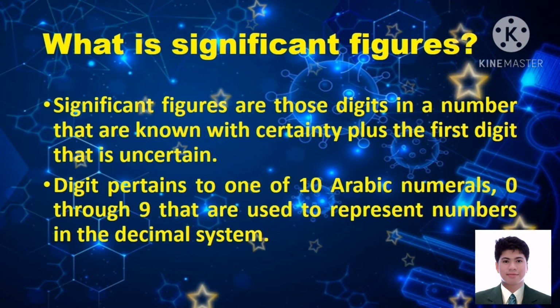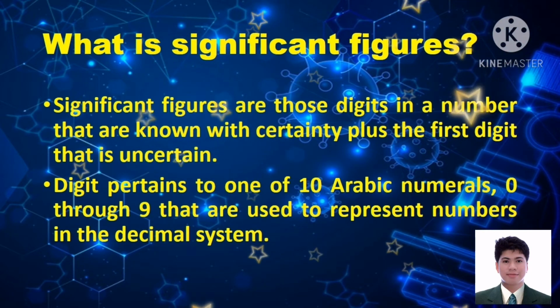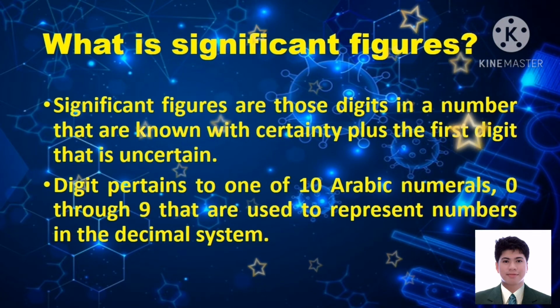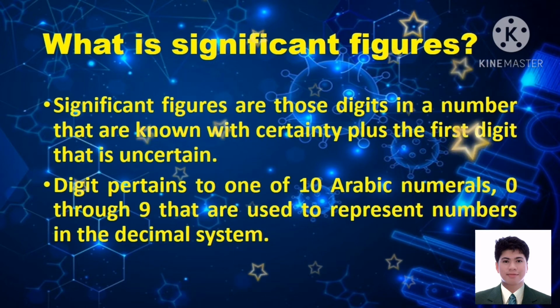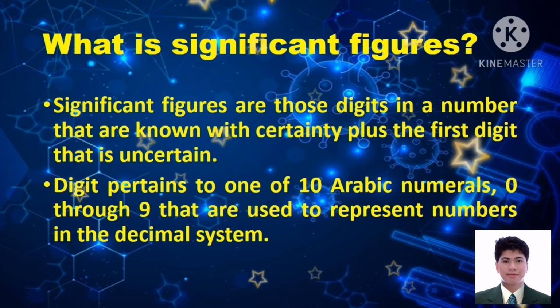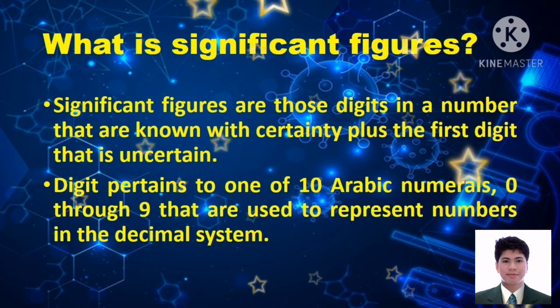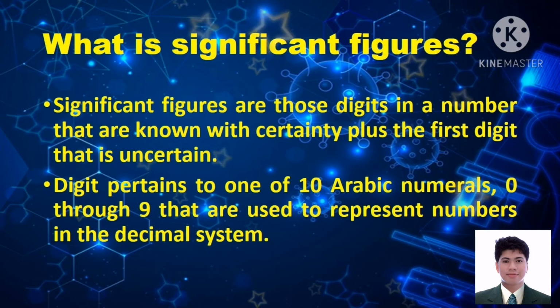Learners, moving forward, significant figures are those digits in a number that are known with certainty plus the first digit that is uncertain. Next, a digit pertains to one of the 10 Arabic numerals, 0 through 9, that are used to represent numbers in the decimal system.